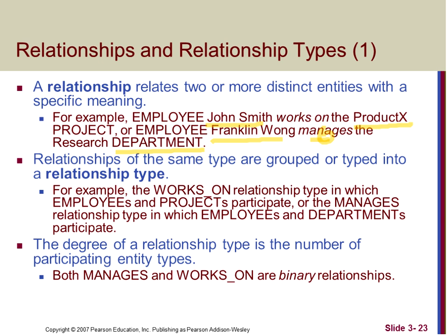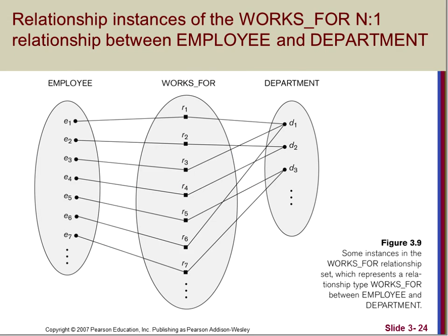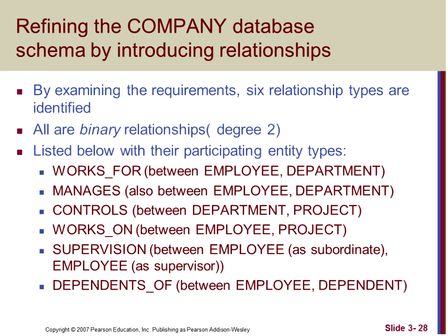We can find a manage relationship. From here, we can identify the works-on relationship between the employee and the project. The manager relationship is between employee and department. This is the relationship. Then, similar to how we identify the entity type from a group of entities, we can identify the relationship type from the group of relationships. Okay, we can find more relationships from here.